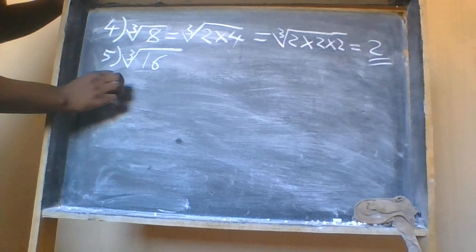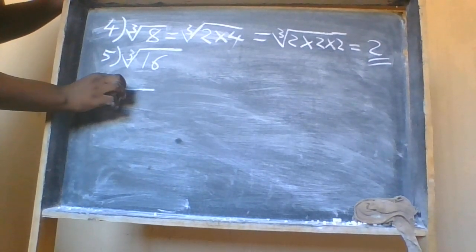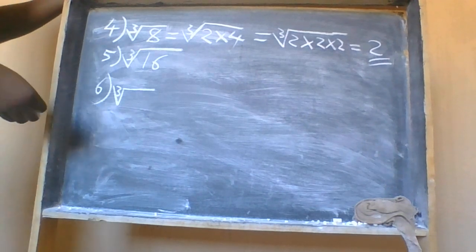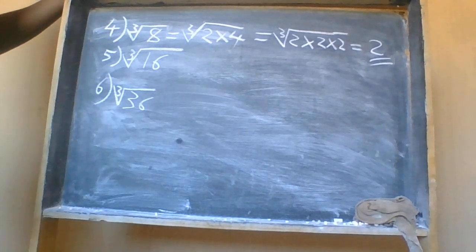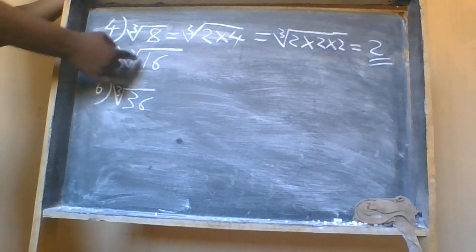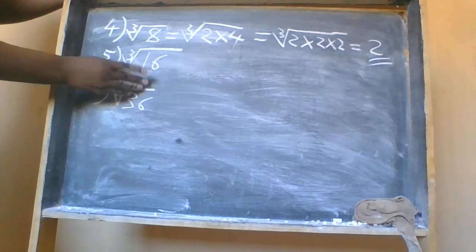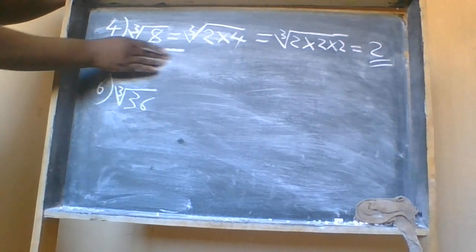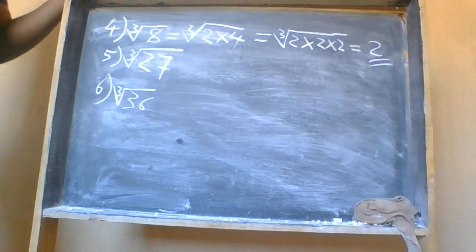Also, the cube root of 36. Those two. Find the cube. No. It should be 27. What is the cube root of 27 and not 16?